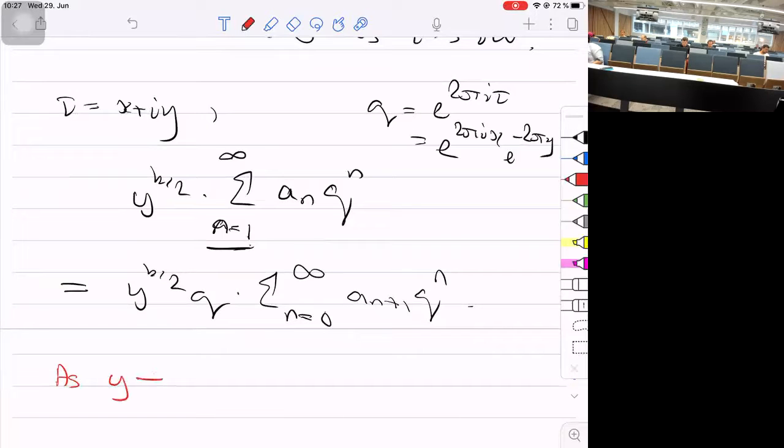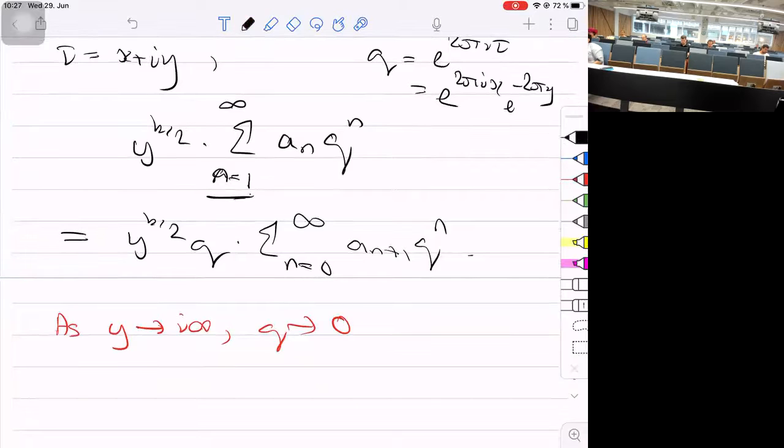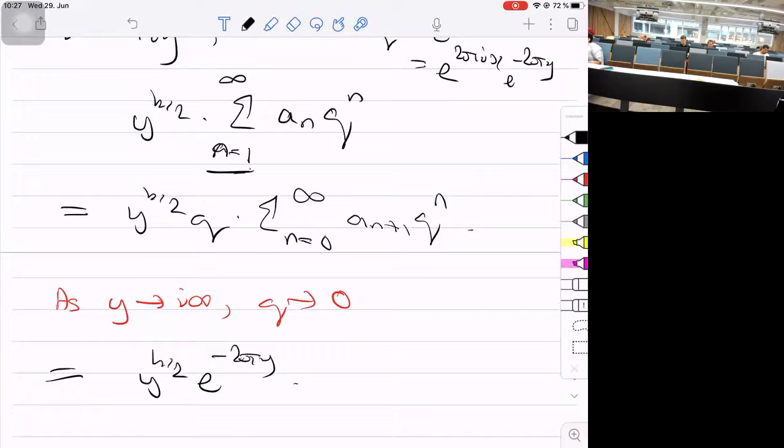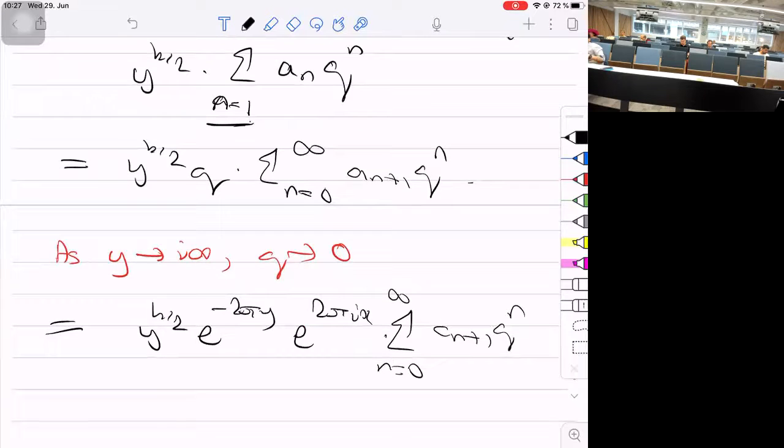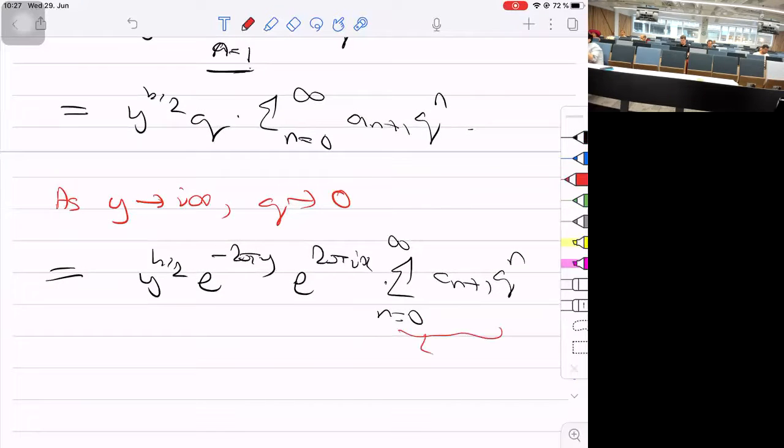Now, as y goes to infinity, q will go to 0, and you can see that this expression is going to be equal to, as q goes to 0, this just goes to whatever the first coefficient is.